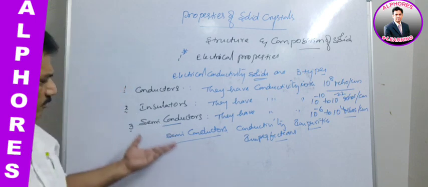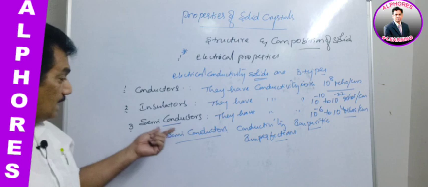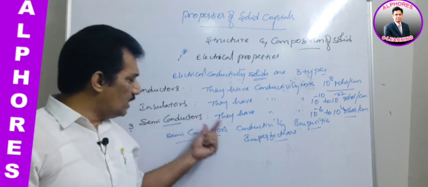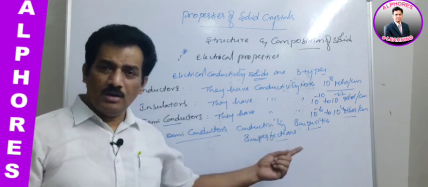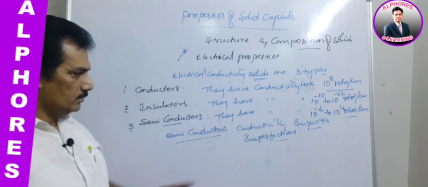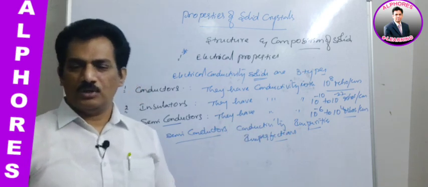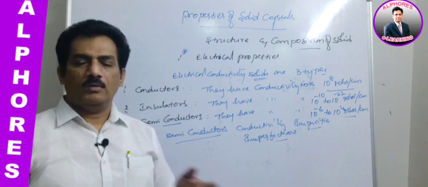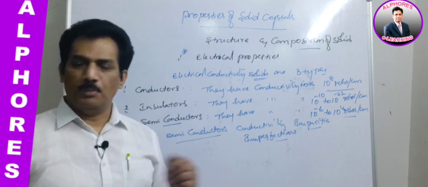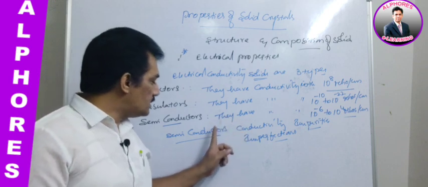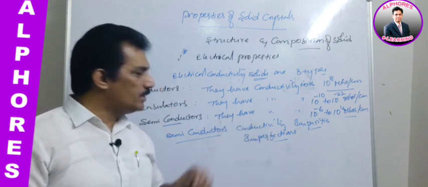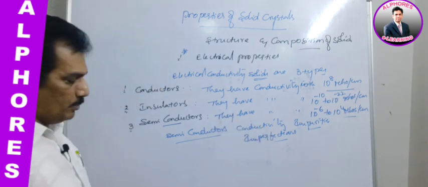The conductivity of semiconductors depends on impurity and imperfections. When impurity is added, automatically defect follows, and defect is also known as imperfection. So in semiconductors, conductivity depends on this impurity or imperfection.